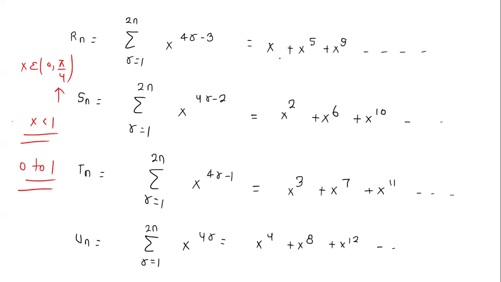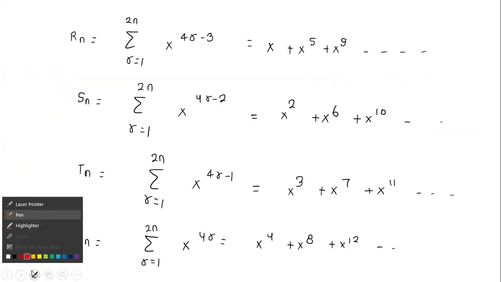If you take powers of a number between 0 and 1, it gets smaller. So x square is smaller than x cube, which is smaller than x power 4, and so on. x power 5 is smaller than this if x lies between 0 and 1. So we know this thing.